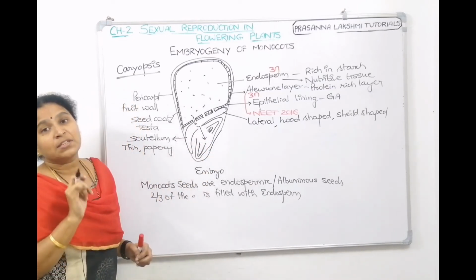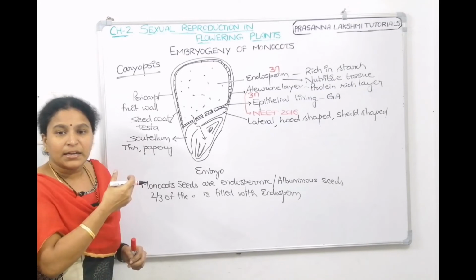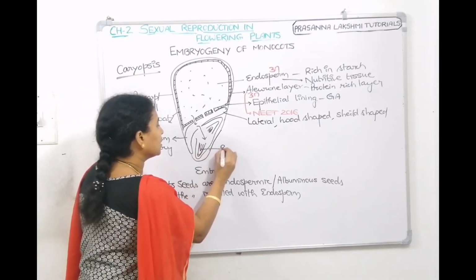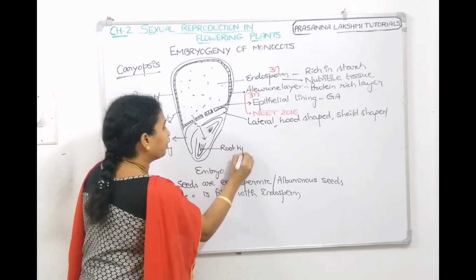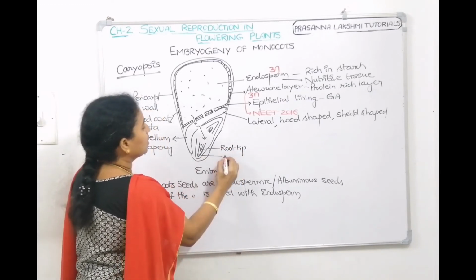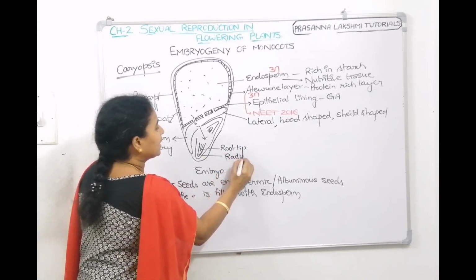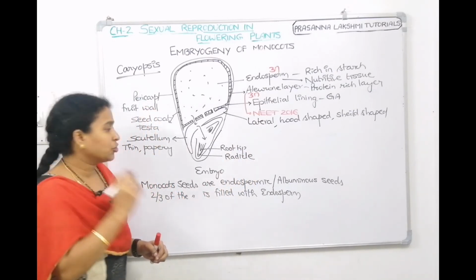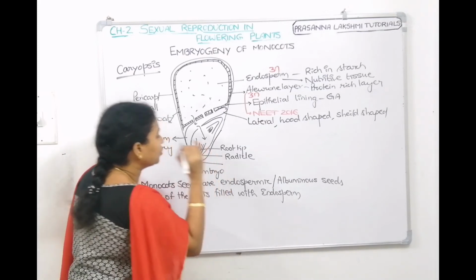Since the nutrients come through the scutellum, we call it a cotyledon. And what is this region called? This is called the root tip. And what is this called? This is called the radicle. The radicle is covered by an undifferentiated sheath. What is this undifferentiated sheath called?